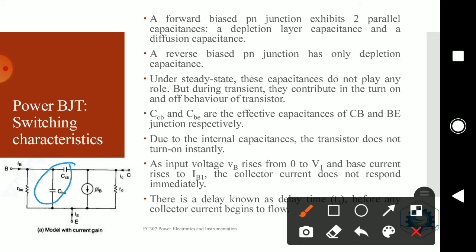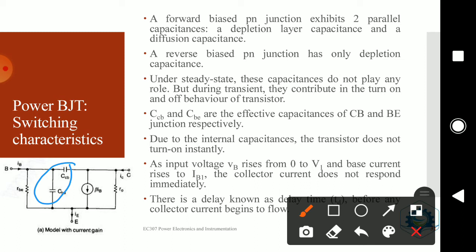Okay, so it has been marked over here. That is, you will have a depletion layer capacitance as well as a diffusion capacitance. When the PN junction is reverse biased, there will only be a depletion capacitance. And you also have to note that during the steady state conditions, the capacitances do not have any role.